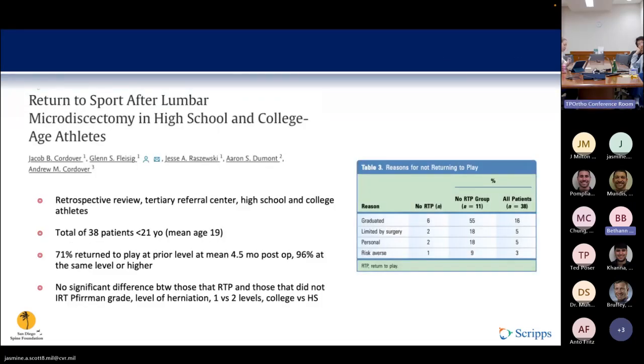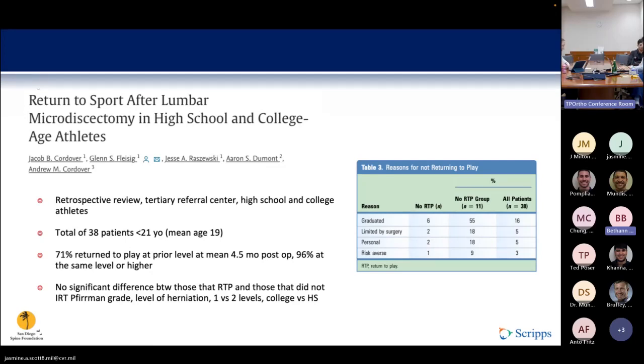In general, I like working with athletes, like return to play or return to sport type papers. So this one I thought was nice. It's a younger cohort, under 21, but basically a retrospective review: if patients undergo microdiscectomy, can they return to play at the current level or a higher level?